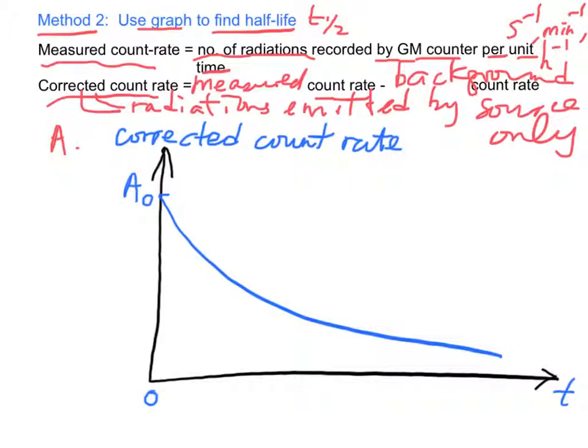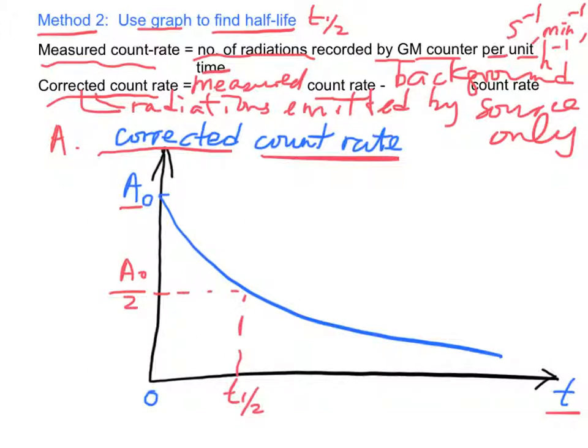If we have a graph of corrected count rate against time t, and the initial activity is A naught, then read from the graph, the activity drops to A naught over 2, and the time taken will be equal to the half-life.